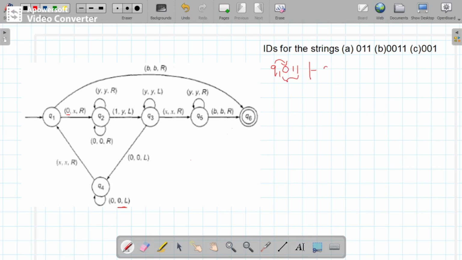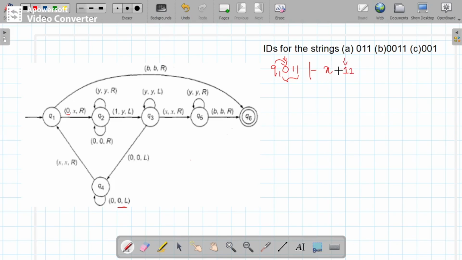The input will be replaced by x, and then it moves to the right. For the first time the read write head was set on 0. Now after this character got replaced, it is moving to the right. That means it is at 1. The next character is 1, and the following characters you can write. And this will be the next character to be read.